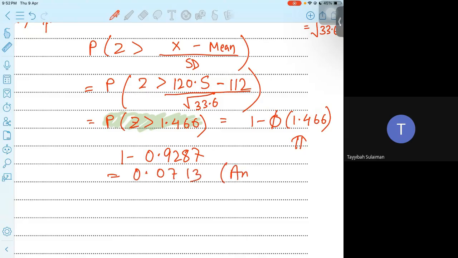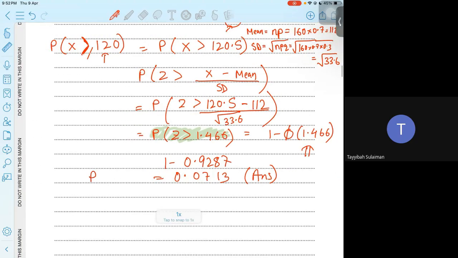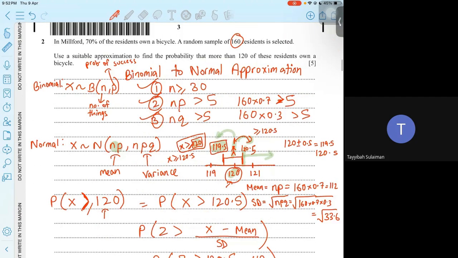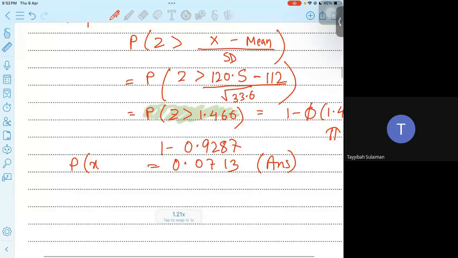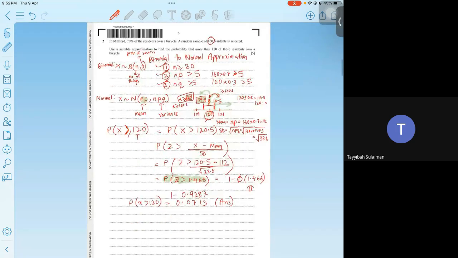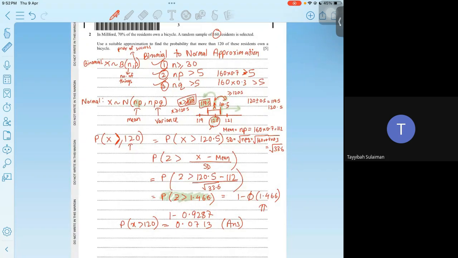That is my answer, of the probability being more than 1 point. Any issues anywhere? Do we all have the same answer? I hope you're solving with me. Okay, let's just move on.